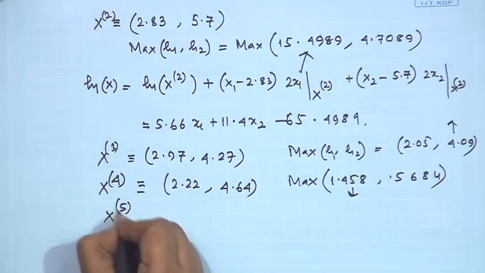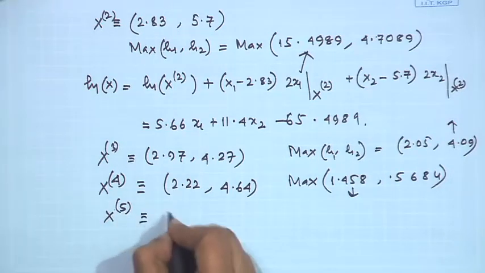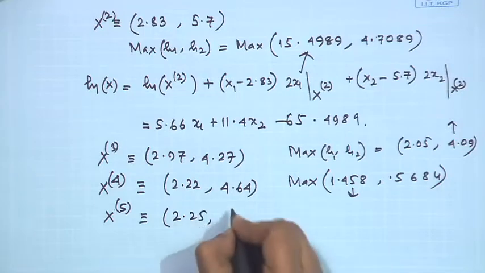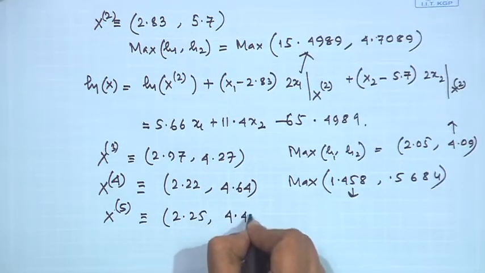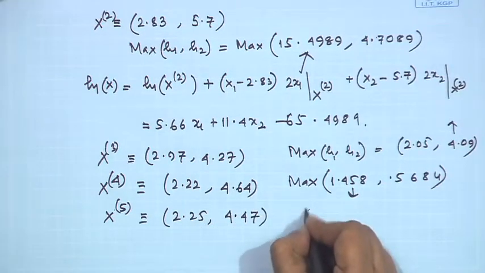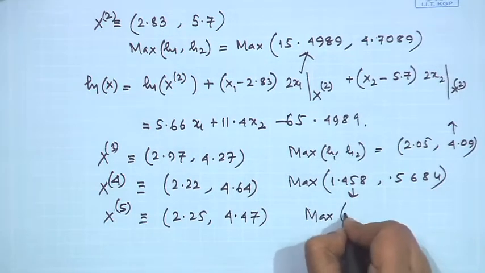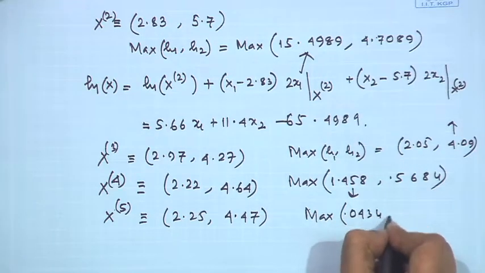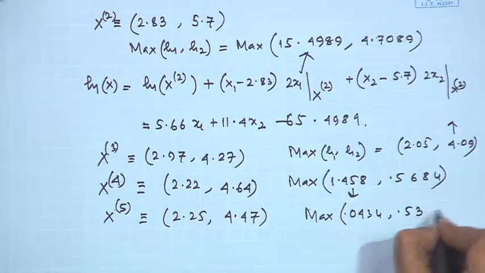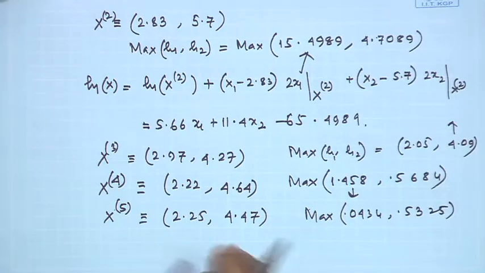Then I will get x5 as 2.25. Hopefully, you could see the values are converging, and the max of 0.0434.5325.